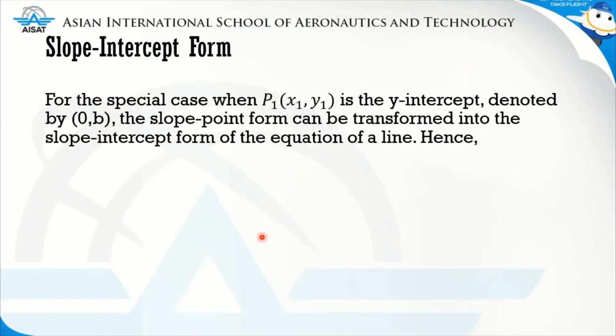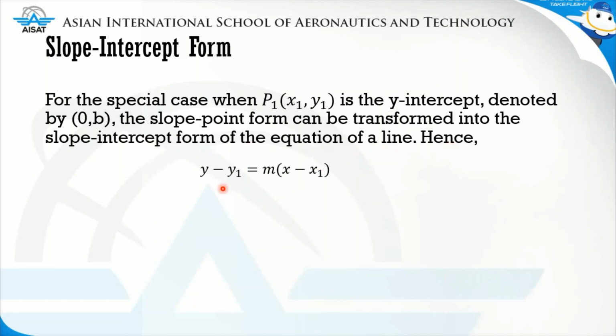Now let's talk about slope-intercept form. For the special case when P sub 1, with coordinates (x sub 1, y sub 1), is the y-intercept, which is denoted by (0, b), the point-slope form can be transformed into the slope-intercept form of the equation of the line.